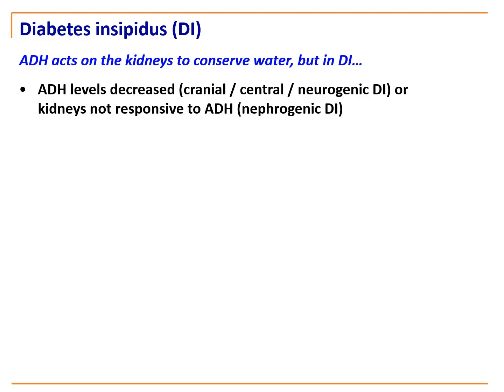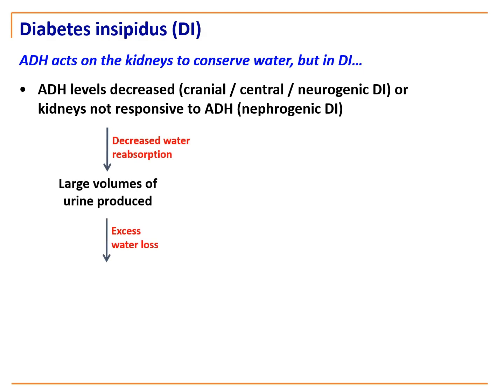Or the kidneys may not respond to ADH, and obviously that is nephrogenic diabetes insipidus. Because they don't have any functioning ADH, whether they have it at all or whether it doesn't respond, you get decreased water reabsorption. Therefore, large volumes of urine are produced, and excess water loss goes on to lead to dehydration and thirst.